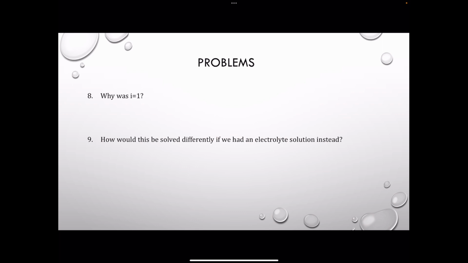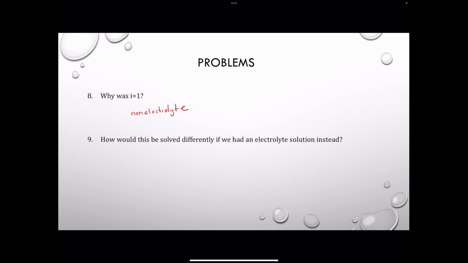So in this example, we used ethylene glycol. We're asked, why did we use that i value of 1 in that example? And again, that's because we are dealing with a non-electrolyte. So how would this problem be solved differently if we happen to have had an electrolyte solution instead? We'd still go through the same mathematical steps. We'd still have to get our percentage turned into molality.